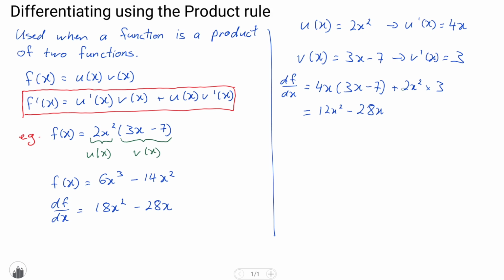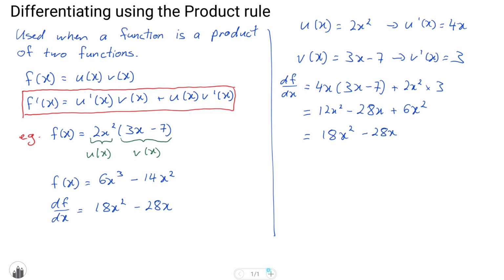And then here we've got plus 2 times 3, that's 6, so plus 6x squared. Okay, and we can once again tidy this up a little bit. We've got 12x squared plus 6x squared. Well, that'll give us 18x squared minus 28x. And hopefully now you can see that even though this was written a slightly different way over here, in the end, this one here and this one here are exactly the same derivative.